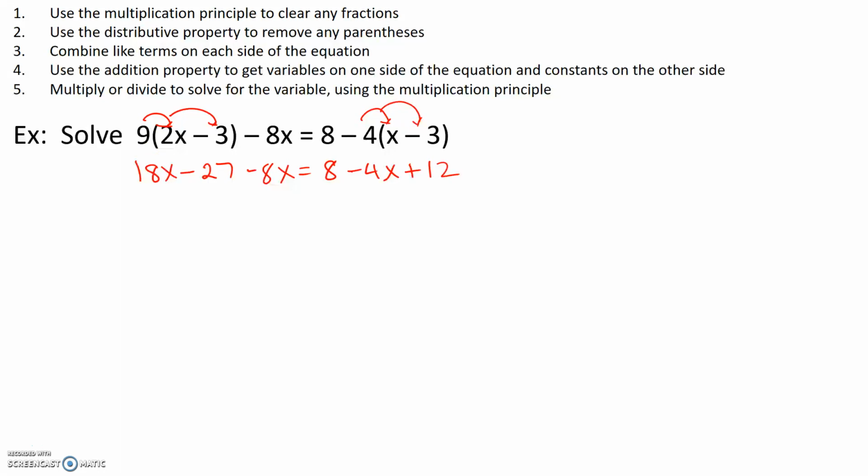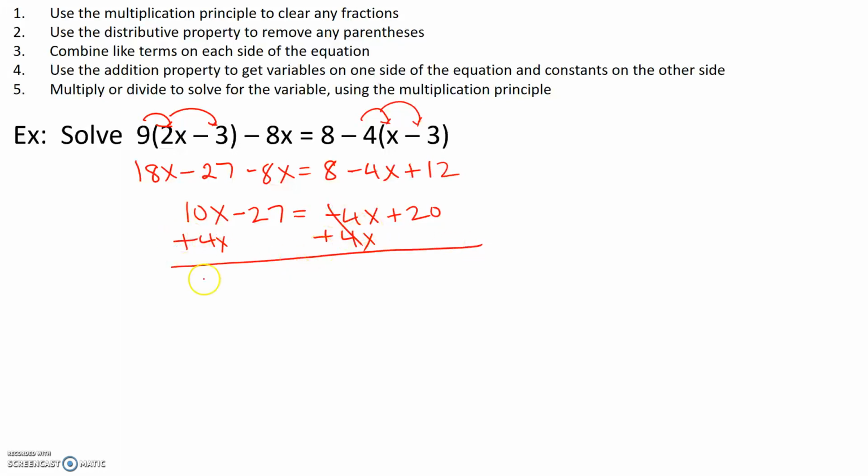Then we would combine our like terms. On the left side of the equation, we have 18x minus 8x, which is 10x minus 27. On the right side of the equation, we have a negative 4x. 8 plus 12 is 20. Now let's get all the variables on one side, so we can add 4x to each side. This will give us 14x minus 27 equals 20.